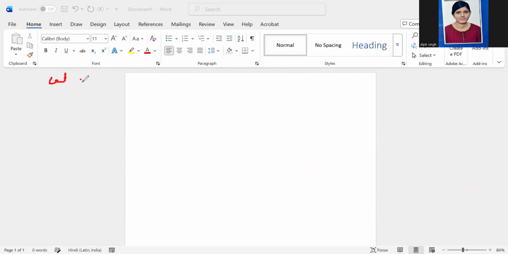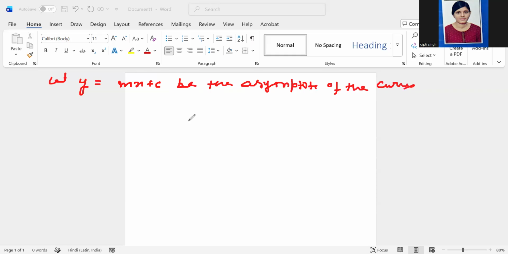Suppose y equal to mx plus c is the asymptote of the curve. Now we have that curve, x cube plus y cube minus 3axy equal to 0.